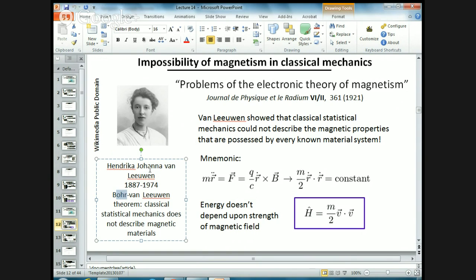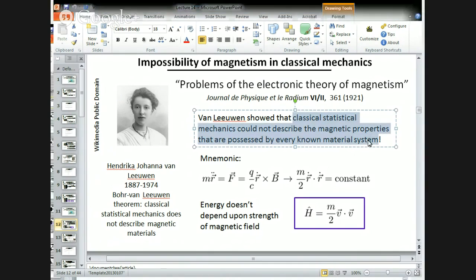And then Dr. van Leeuwen, who worked at either Delft or Utrecht, I forget which, a Dutch university, in her PhD thesis proved that all known magnetic properties of material were completely inconsistent with classical mechanics supplemented by statistical mechanics.